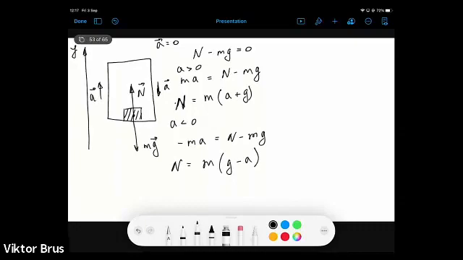So in this case, it is decreased. And from this equation we see that if we have a equal to g in magnitude, then it will be 0. So n is equal to 0 when a is equal to minus g.